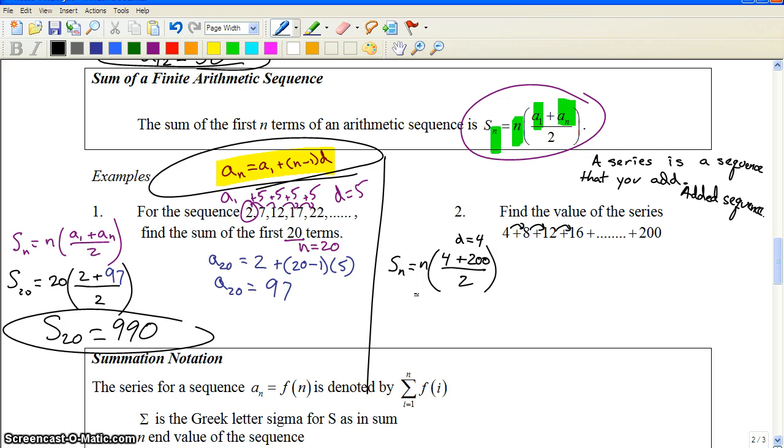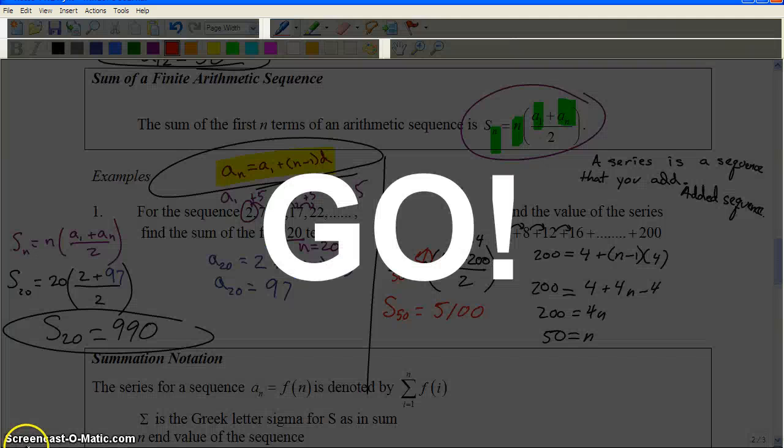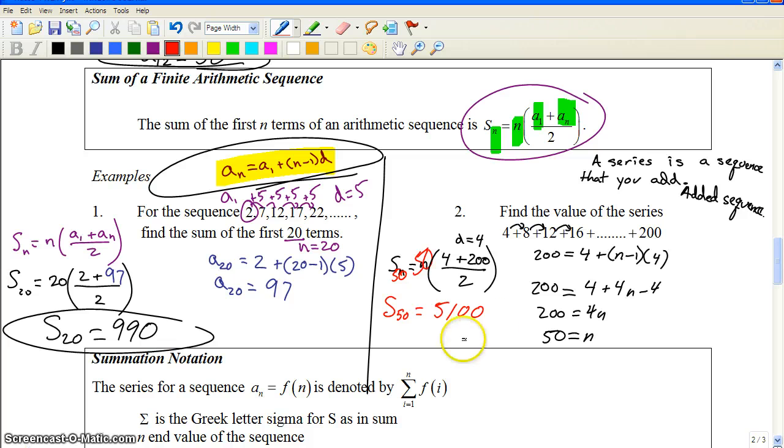So we get 200 equals a sub 1, 4, plus n, we don't know, minus 1, times d, which we know is 4. And we solve that. We get 200 equals 4 plus 4n minus 4. We get 200 equals 4n, and we get n equals 50. So we put 50 into our summation, and we calculate what our sum is. Our sum is 5100 for that problem.